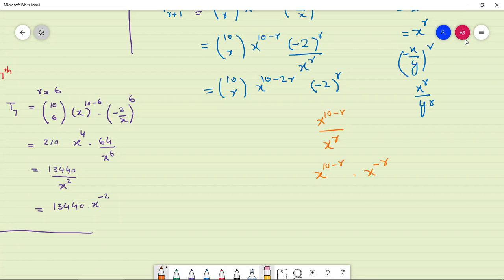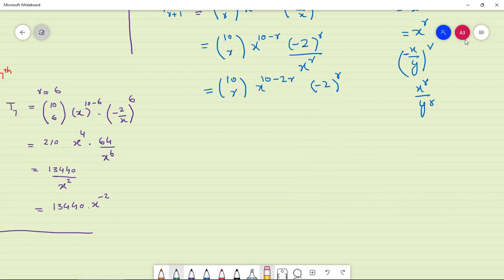Now we know that if bases are the same, then we can add the powers: 10 minus r plus minus r becomes 10 minus 2r. So this becomes x power 10 minus 2r. Tanzeel and Amna, got it? Yes, sir. Indices law, indices law. Simply, this is the indices law.